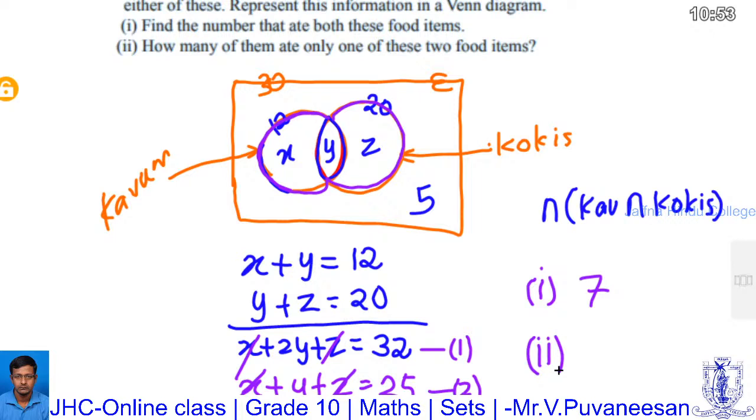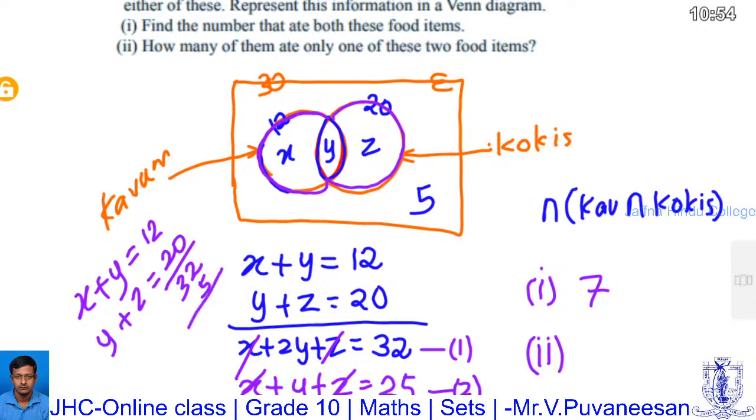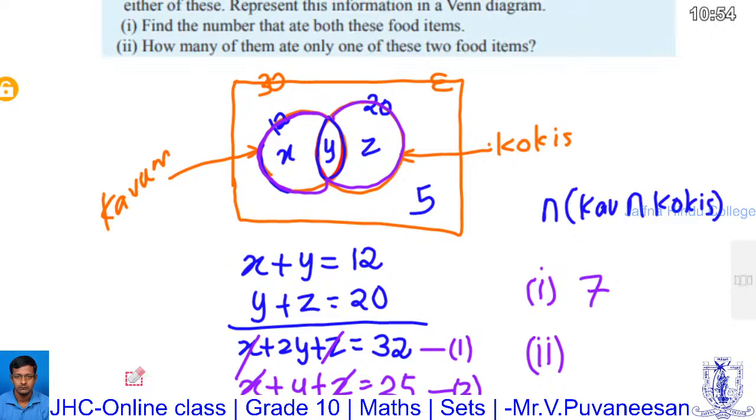If you subtract 25 from 32, the answer is 7. We find y equals 7.